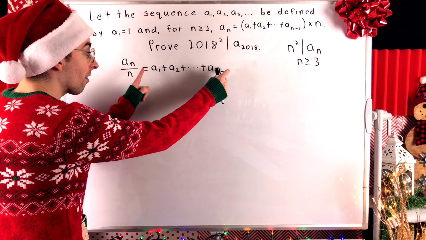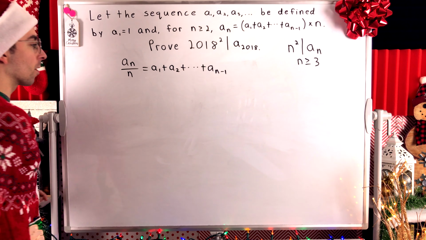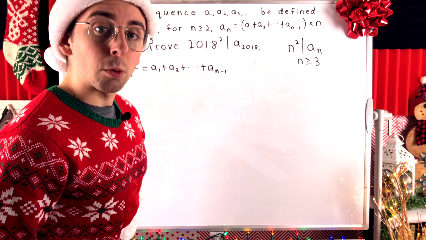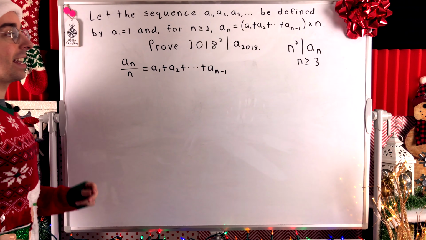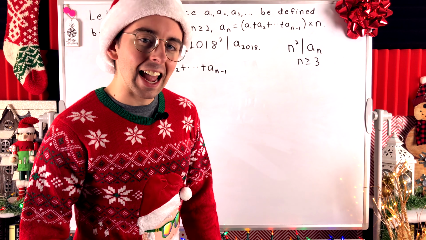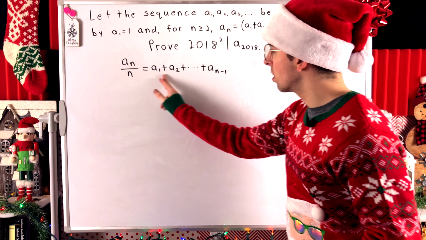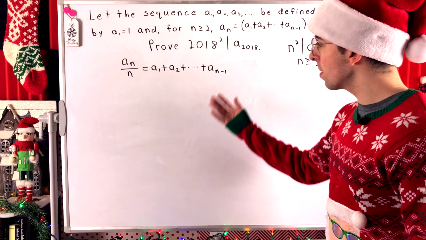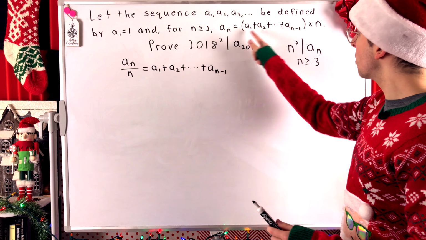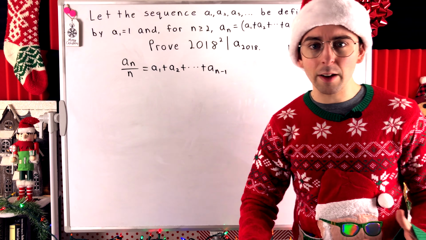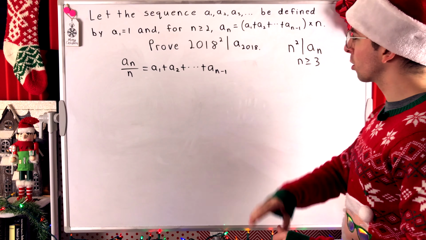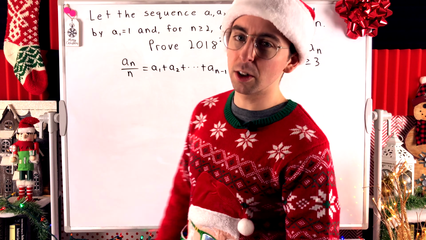Okay, so we know that a_n over n is equal to a1 plus a2 and so on. If we can show there is a factor of n here, then certainly that will show that a_n is divisible by n squared. At this stage, we might consider substituting one of these terms in the sum with what we know it must be equal to by the sequence's definition. Then we could get some more multiplication going on if we were to do that.